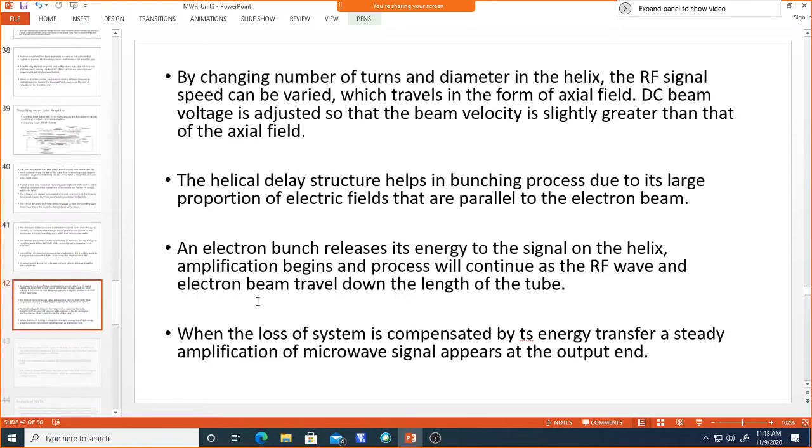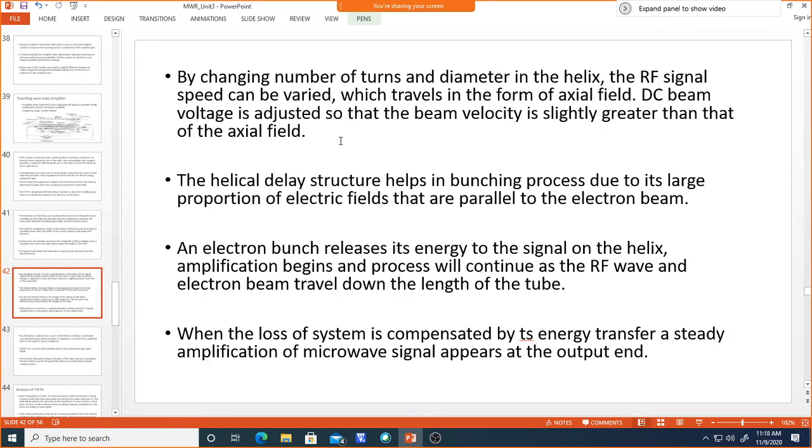We can change the beam velocity of the electrons or the velocity of the helix wave. The beam velocity of the electrons is adjusted by the DC beam voltage, and the helix wave velocity can be changed by changing the number of turns and the diameter of the helix.